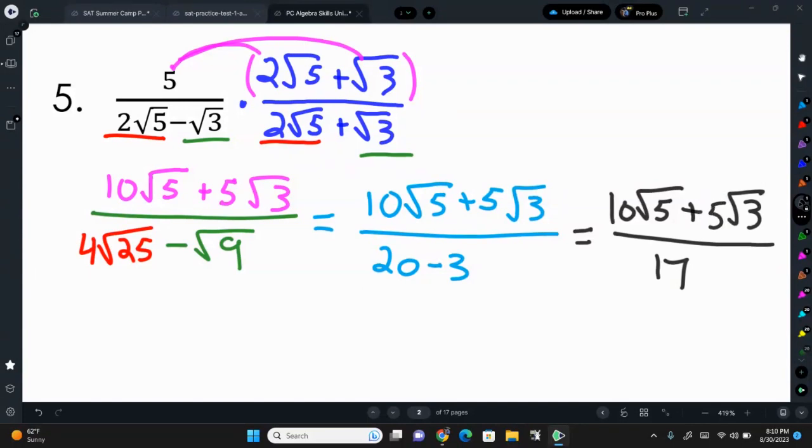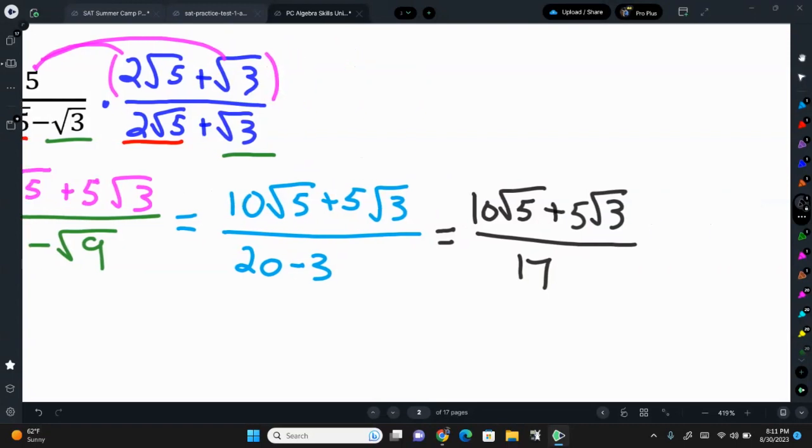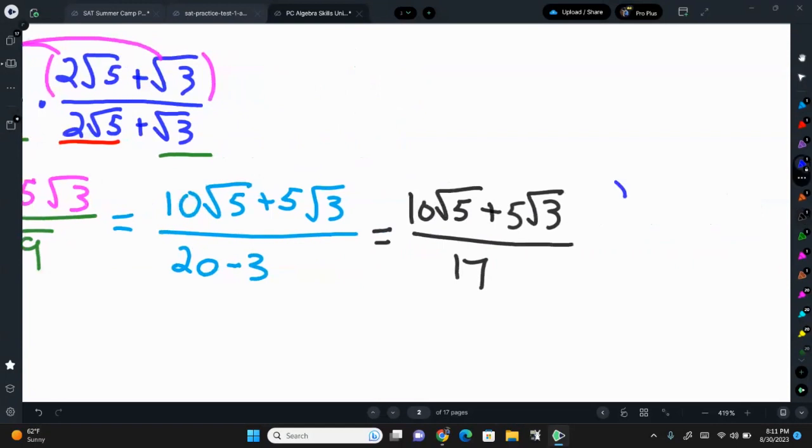And we check and say, can we simplify any of these radicals? Nope. Can we simplify any of the numbers? Can we divide 10, 5, and 17 by the same number to simplify those? Nope, we can't. So this is our final answer.